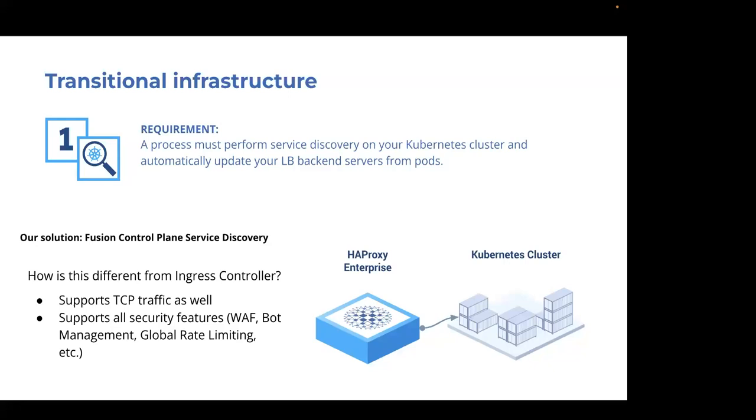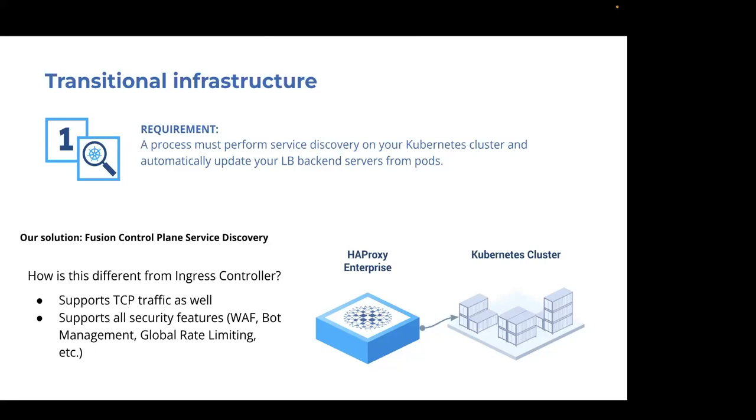I'm aware that an ingress controller might support TCP traffic as well, but I would call this TCP traffic as a first-class citizen in a sense, because it's a true, real HAProxy instance that I might configure in mode TCP, bind to any IP address.